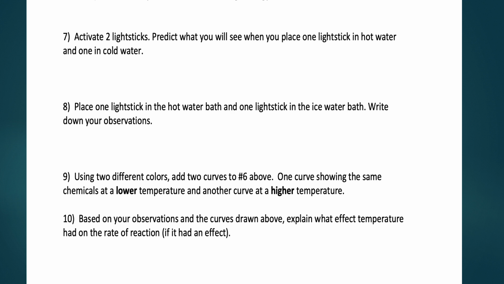So everyone is given light sticks in their lab groups or their collaborative groups. And the first thing I want them to do is to predict what they will see when they place the light sticks in hot water, and they'll place another one in cold water. So they'll make a prediction here, and then I will have already prepared hot plates just because of the time of the class.